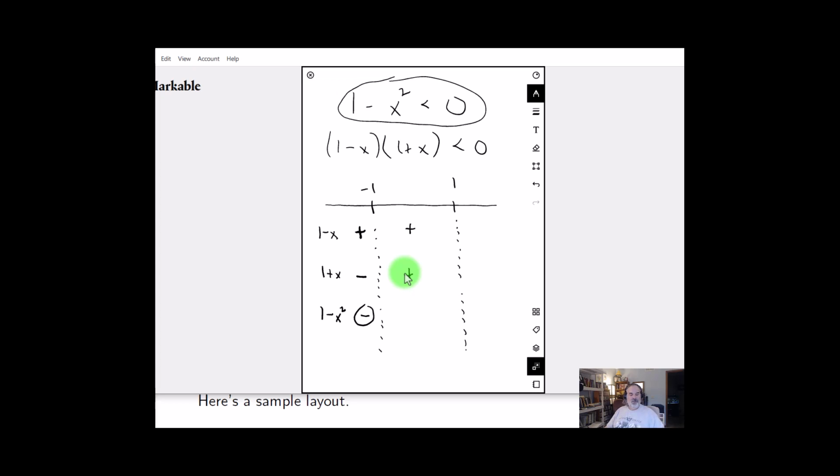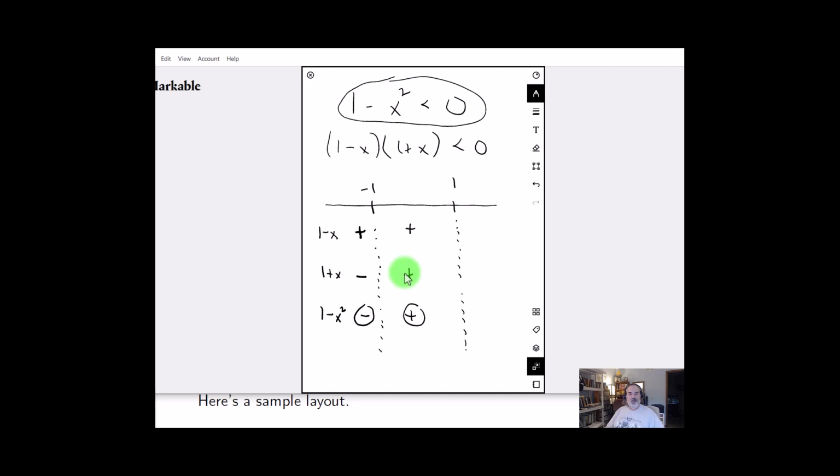Even at negative 0.999, 1 plus negative 0.999 is still positive, only by a little bit. And so since 1 minus x squared is the product of those two numbers, it's always going to be positive in that interval.